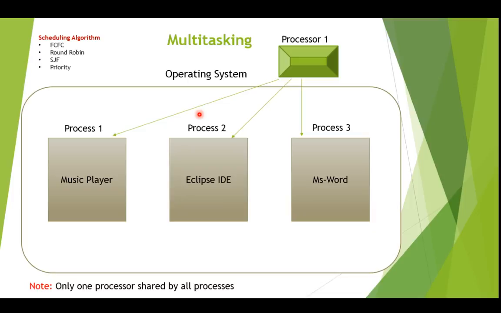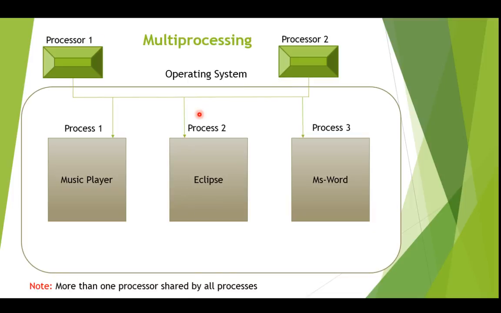So next is multiprocessing. It is quite similar to multitasking, but the difference is that here in a system we can have more than one processor. So that could be two or three, but more than one. And these processes get executed by processor 1 and processor 2.